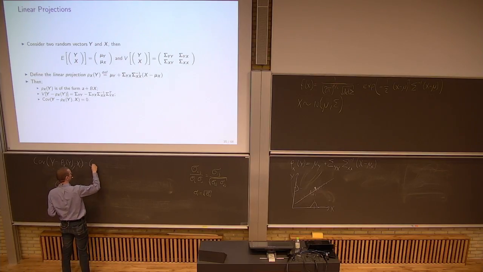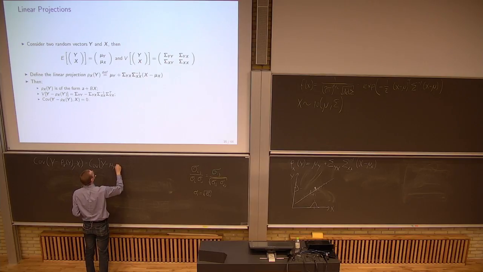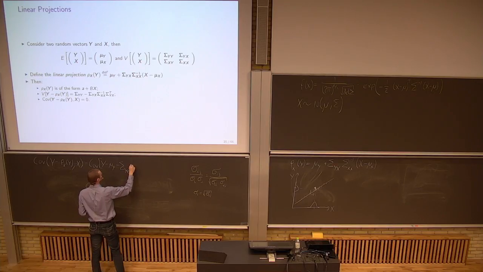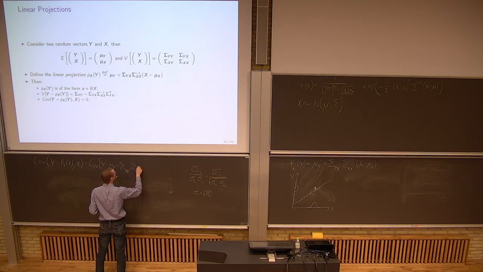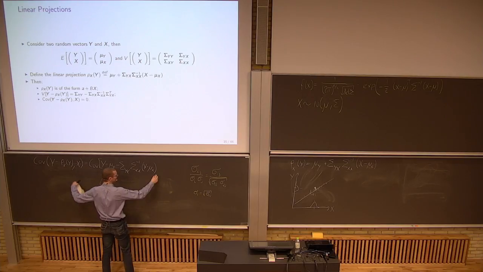So we have the covariance of y minus what we have up there, mu y, then we should have a minus here to avoid the parentheses, sigma y x, sigma x x inverse, x minus mu x like that, and then comma x from over there.